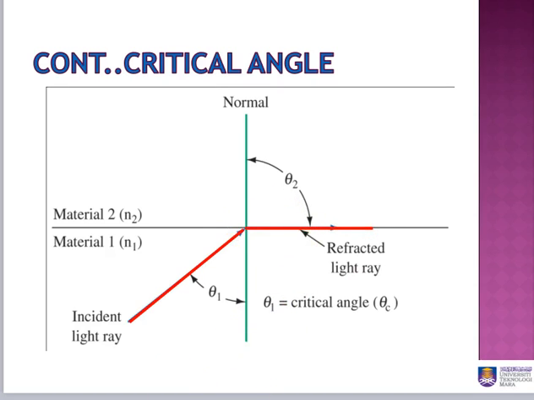So when theta 2 is 90 degrees, the angle theta 1 is at the critical angle. This defines the angle at which the incident ray no longer passes through the interface but lies on the boundary.